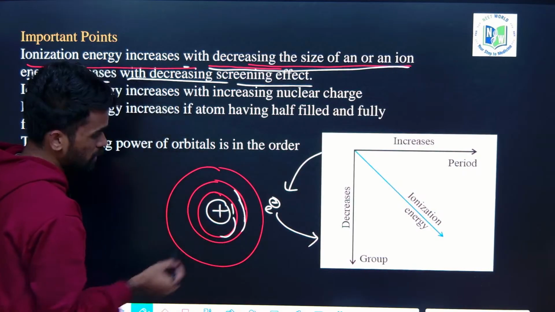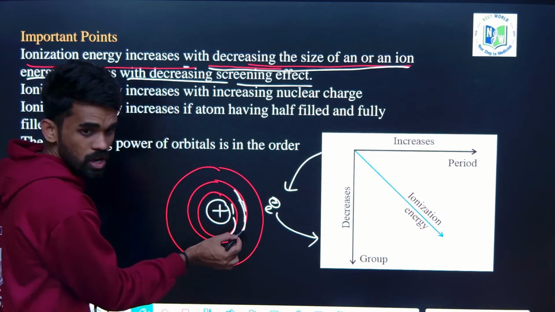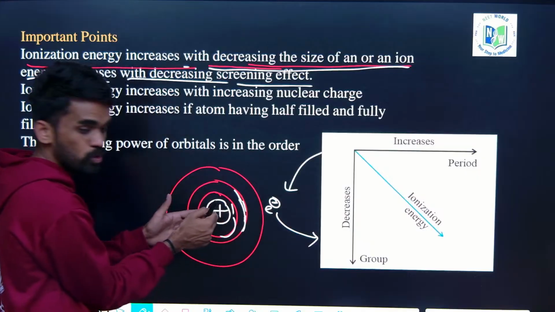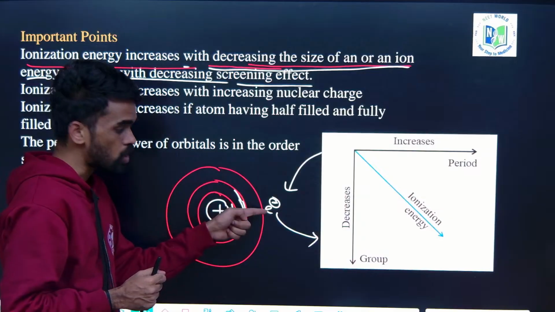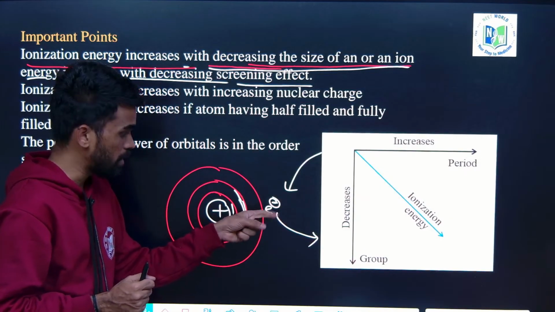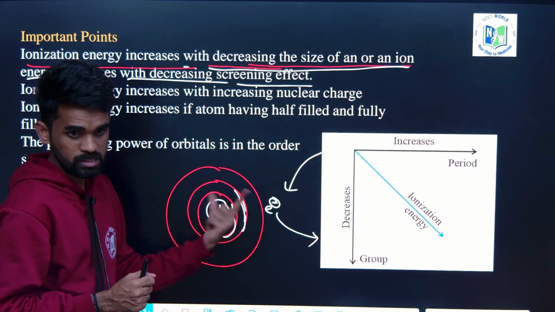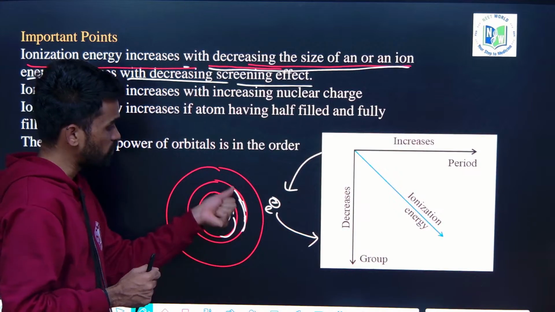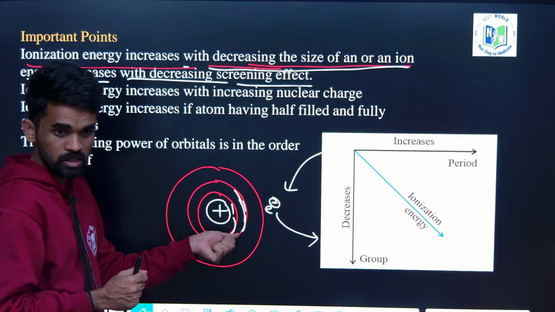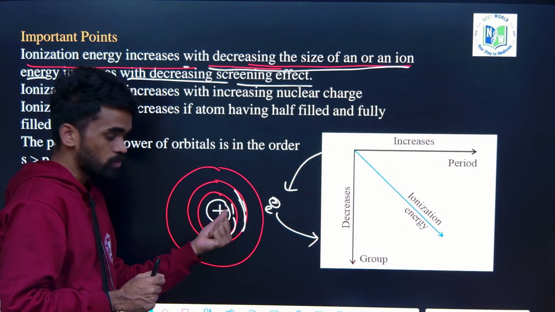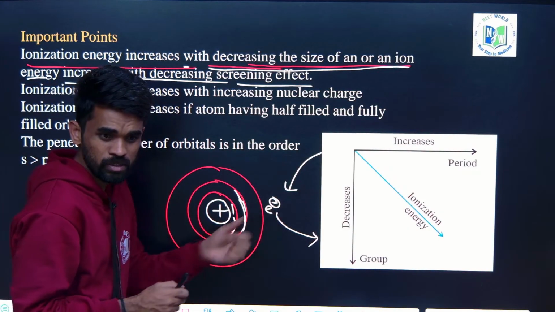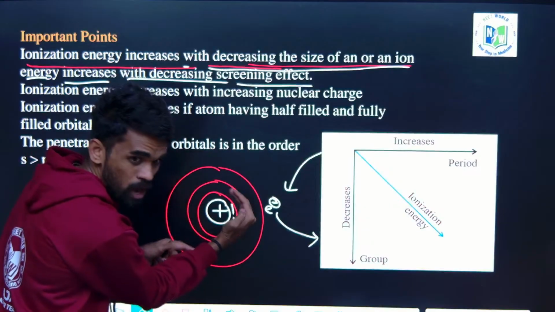If these inner electrons are shielding this electron from the nuclear force, see, if there are no electrons here, the nucleus strongly binds this outer electron, yes or no? Yes, because opposite charges. But if we have more inner electrons here, they are shielding the nuclear force on this electron. Shielding means they are like a wall here.